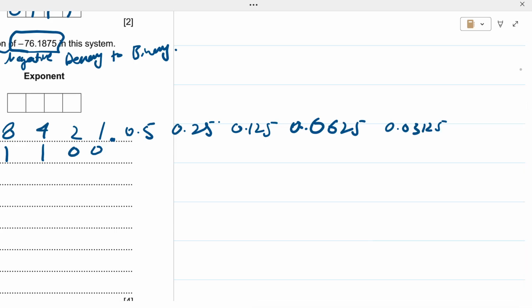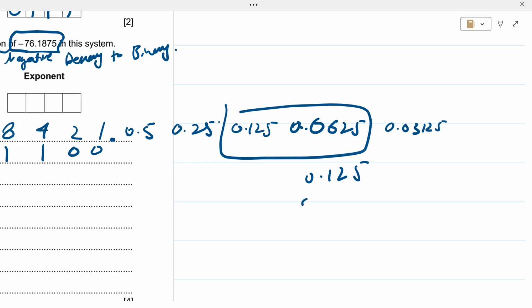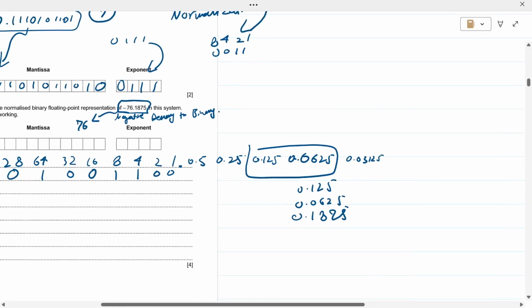I was just trying to add different combinations, and I finally found one. 0.125 plus 0.0625 gives you 0.1875, right? So you know that it's going to be 0, 0, 1, 1, 0.